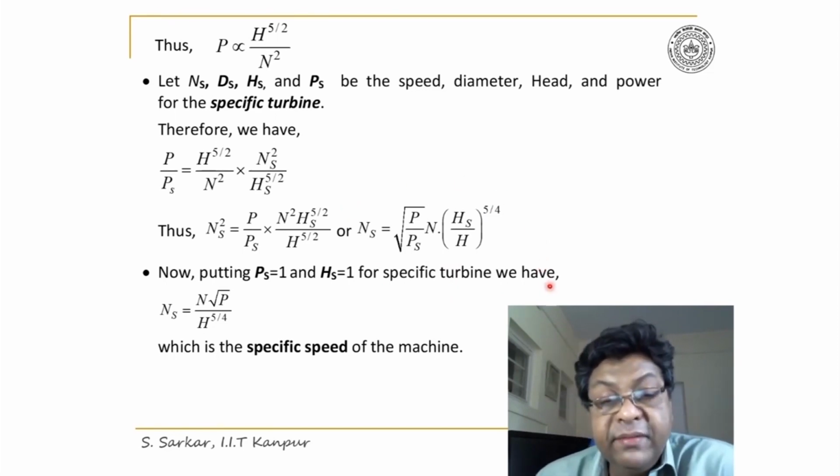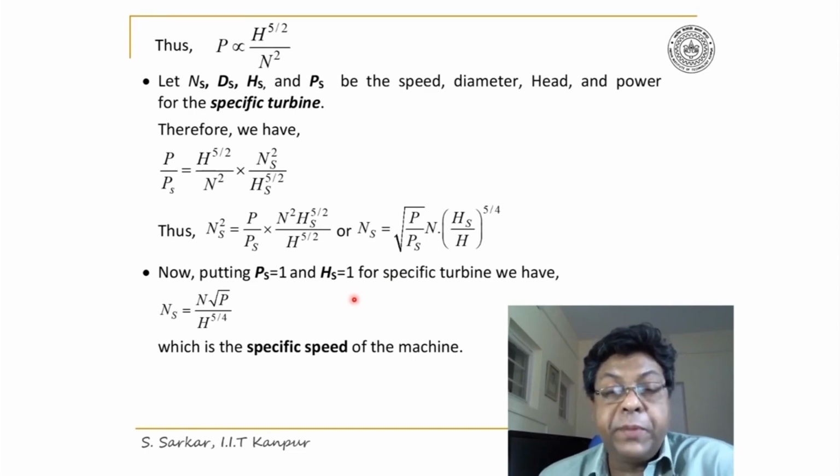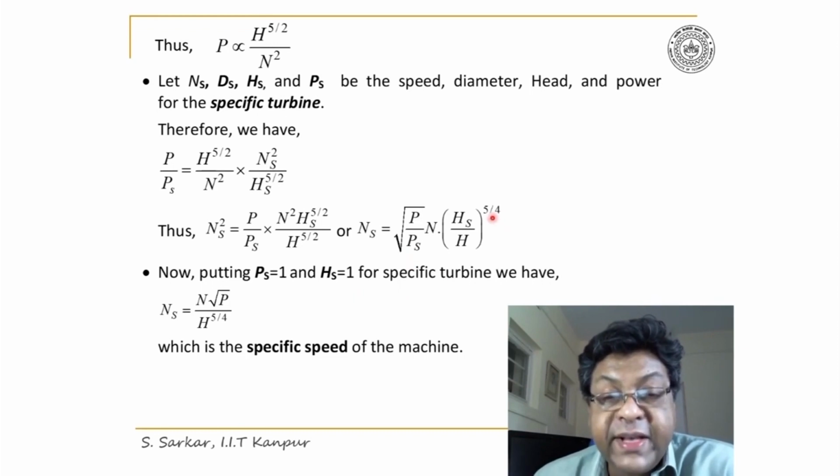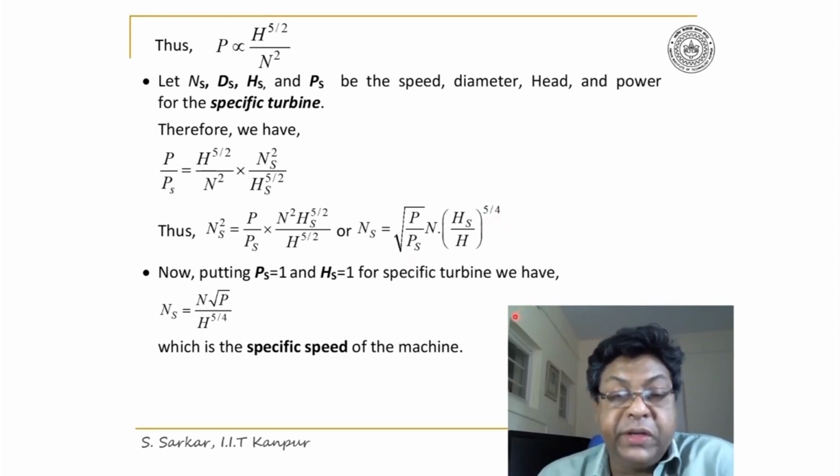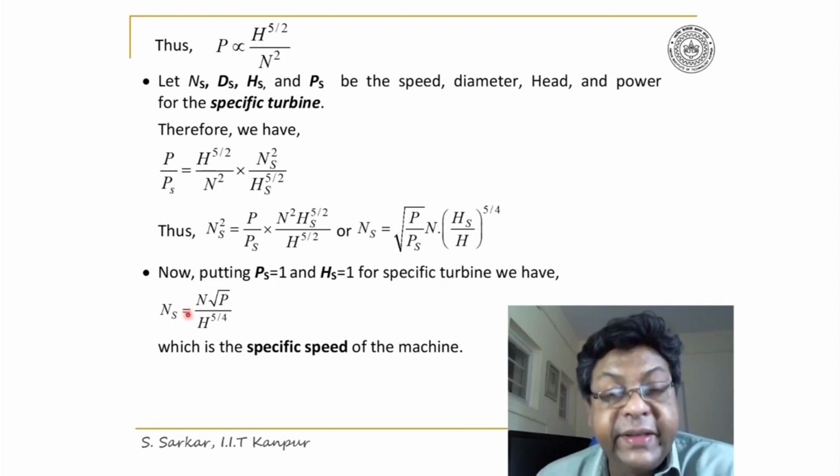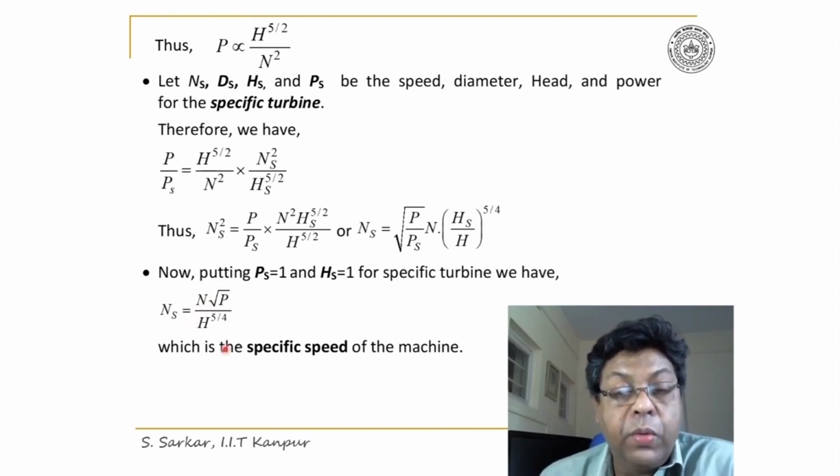Now here put Ps is equal to 1 and Hs is equal to 1, as per the definition of specific turbine. By putting Ps and Hs as unity, I will get Ns is equal to N root over P, H to the power 5 by 4.